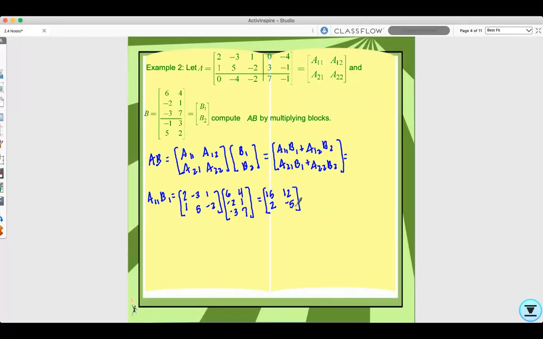A 2 by 2 matrix. Now we're going to find A12 times B2. That would be 0, -4, 3, -1, times -1, 5, 3, 2. When I multiply that through, I end up getting negative 20, negative 8, negative 8, 7.